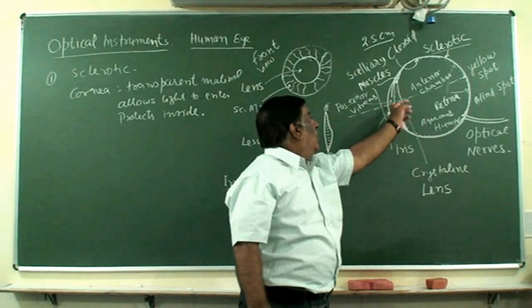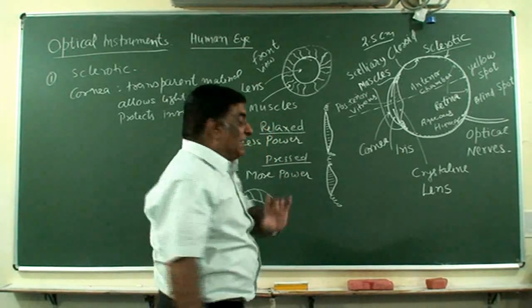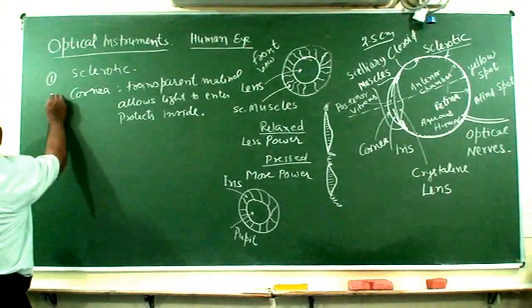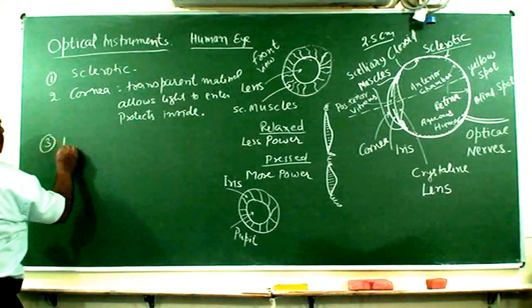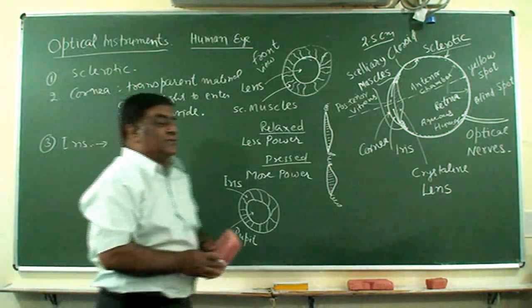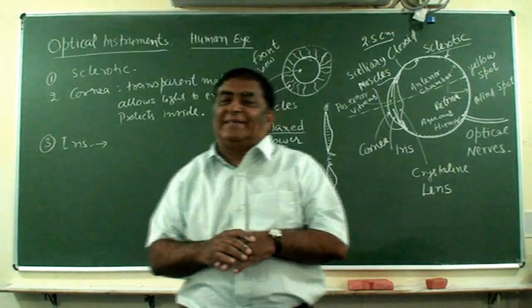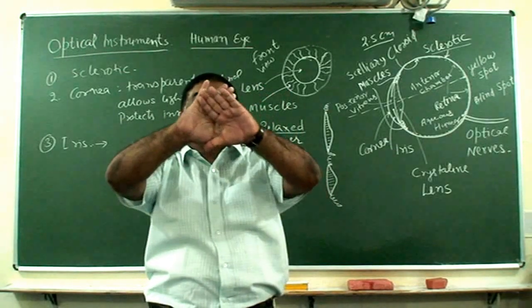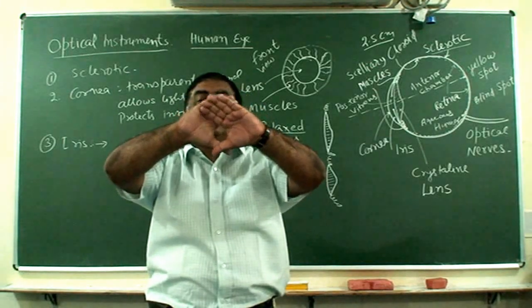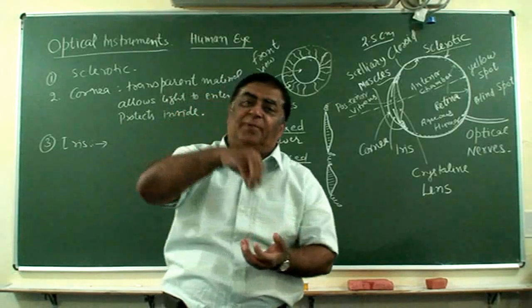After the cornea there is another window, and that window is the iris. Again, the iris allows the light energy to enter. The formation of the iris is like a hole, which can be increased or decreased in size according to the signal received by the brain.